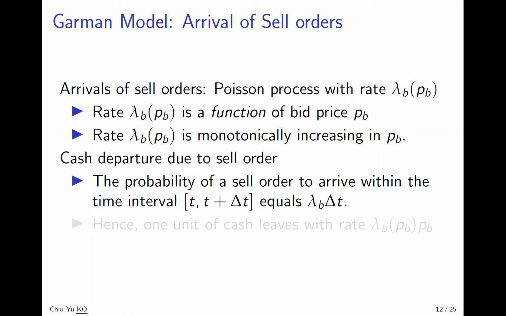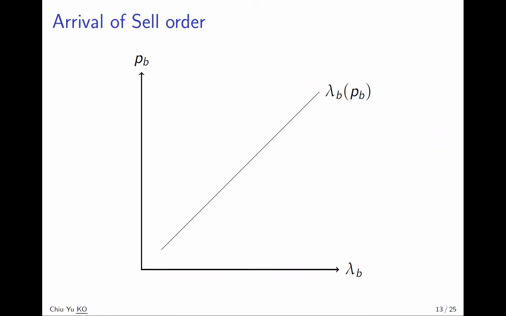Because people come to sell, you get a stock, but you leave the cash, so cash departs at the rate lambda B times PB. So this is the graphical illustration of the arrival of sell orders. It's an upward sloping supply curve.